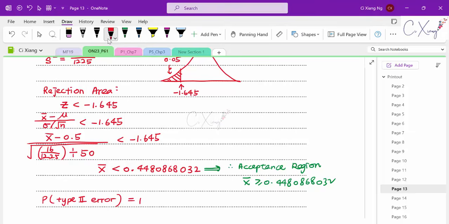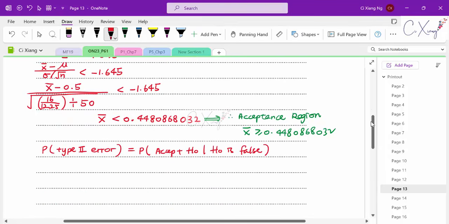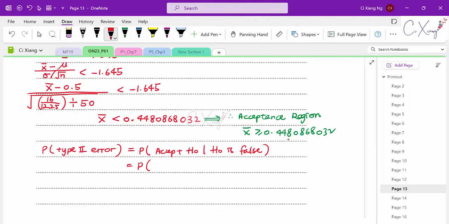So what's the definition for type 2 error? You accept the null hypothesis when the null hypothesis is false. So we write out what we want. Accept the null hypothesis means that you fall in the acceptance region. So you accept the null hypothesis when the sample mean x is greater than 0.44808680032, when the null hypothesis is false.